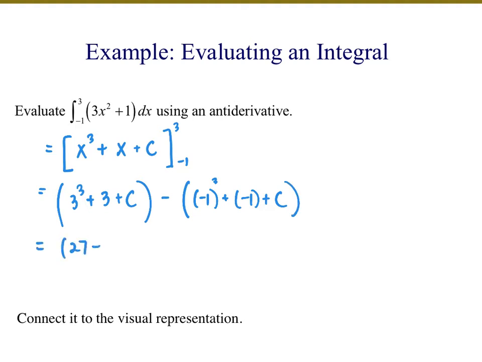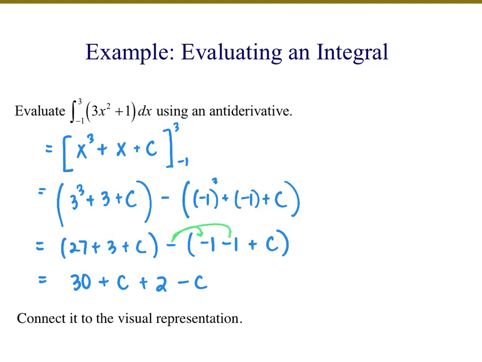So that's 27 plus 3 plus c, minus -1 minus 1 plus c. So we're looking at 30 plus c plus 2 minus c. Did you catch that I distributed my negative here? So I get 32.